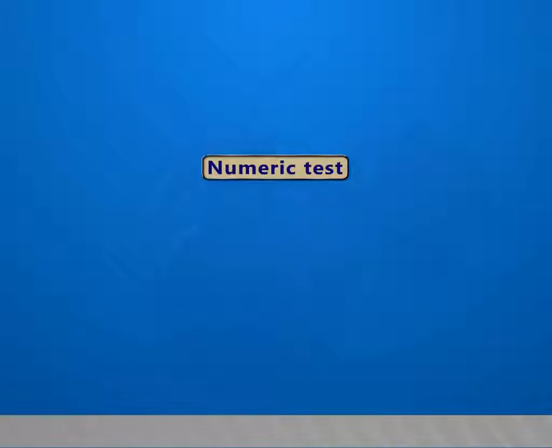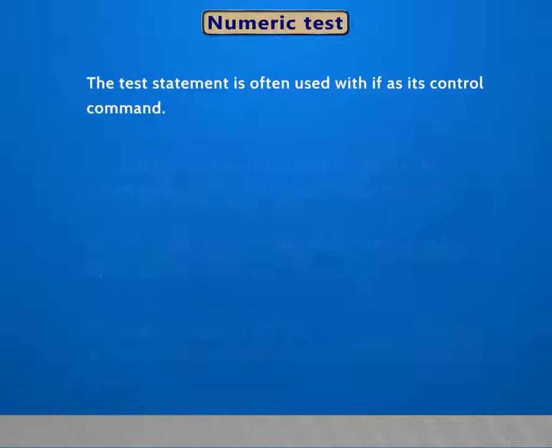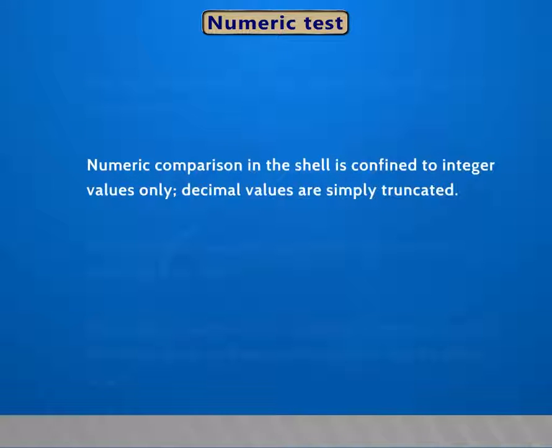Numeric test. The test statement is often used with if as its control command. Numeric comparison in the shell is confined to integer values only. Decimal values are simply truncated.